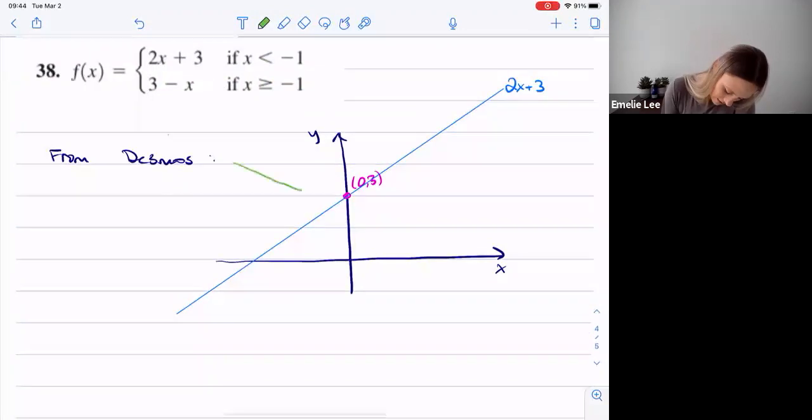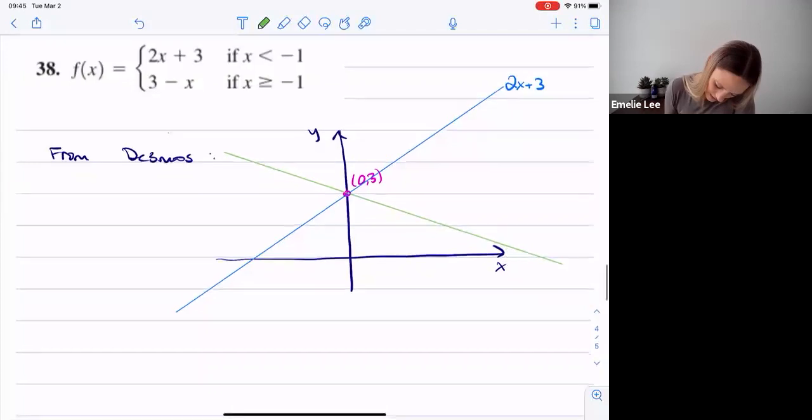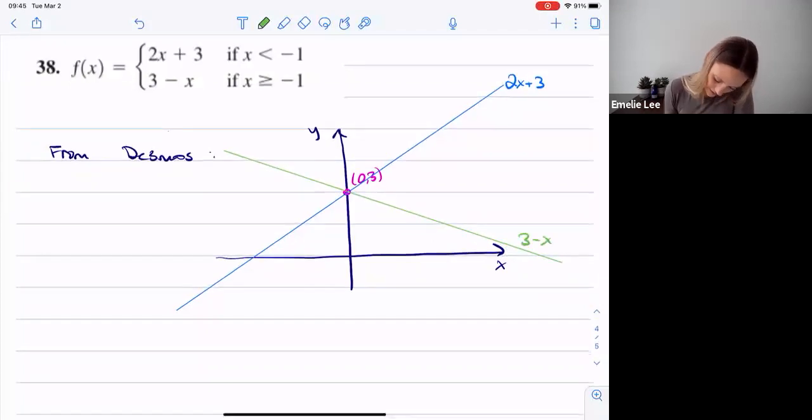And then we have, oops, it's supposed to go through that. Come on, straighten out. There. And then we have 3 minus x here.